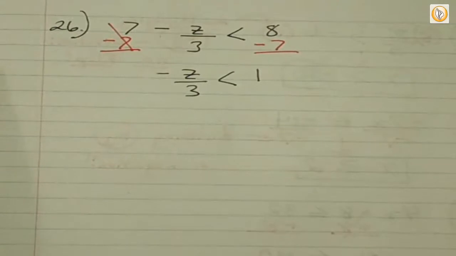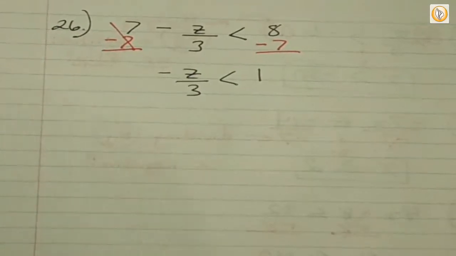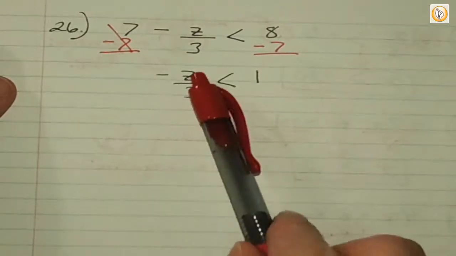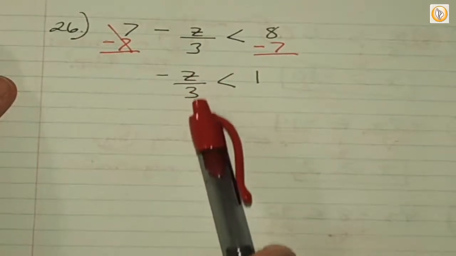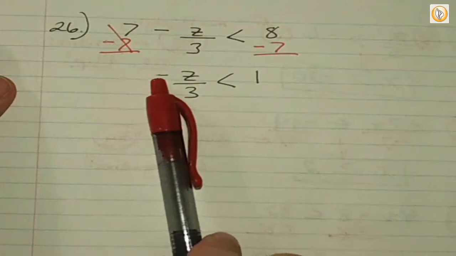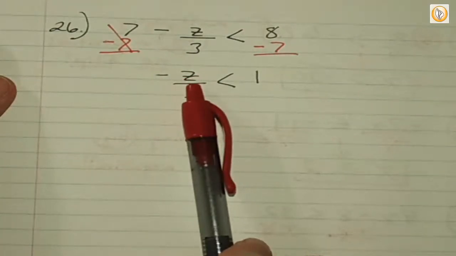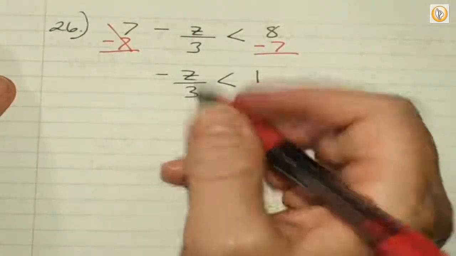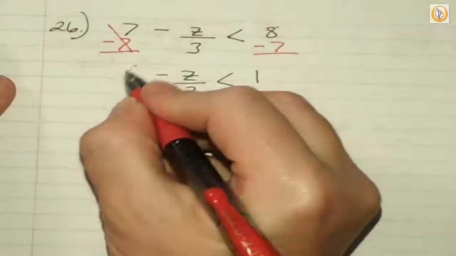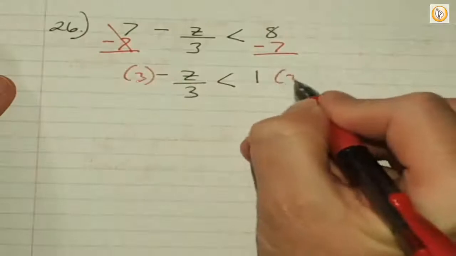Now, we're going to multiply by 3 because this is dividing. The negative sign typically rolls with the numerator. So she's correct. We're dividing, so we're going to multiply both sides by 3.